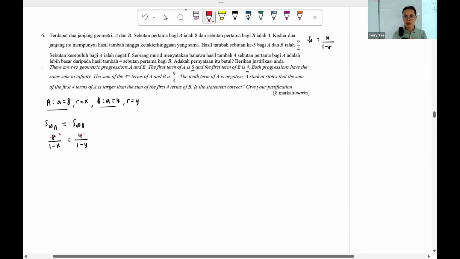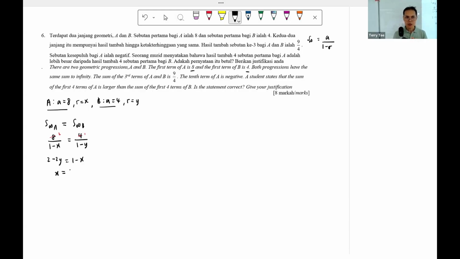Let us cross multiply. So 2 minus 2y is 1 minus x. You can make x the subject or y the subject. I bring the x over and make x the subject: x equals 2y minus 1. Call this equation 1. Okay, I need two equations because we have two unknowns. When you have two unknowns, you need two pieces of information, two equations.